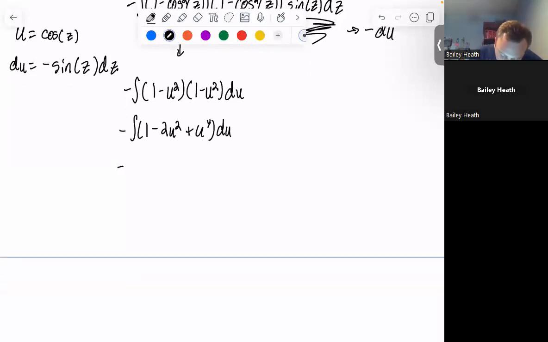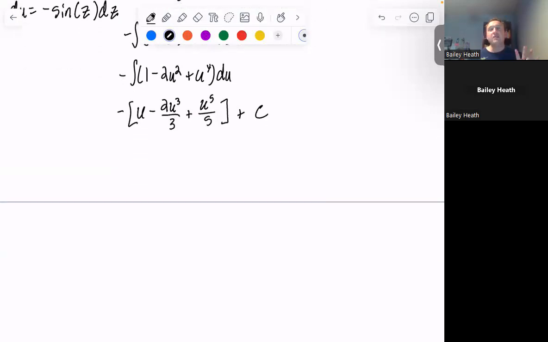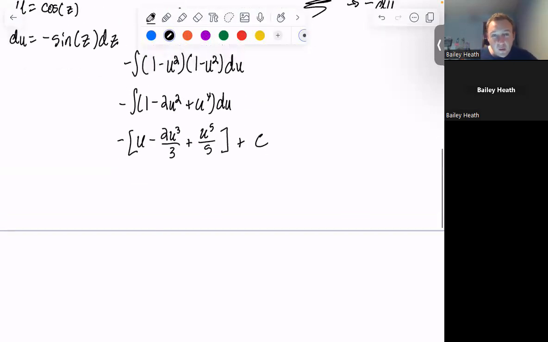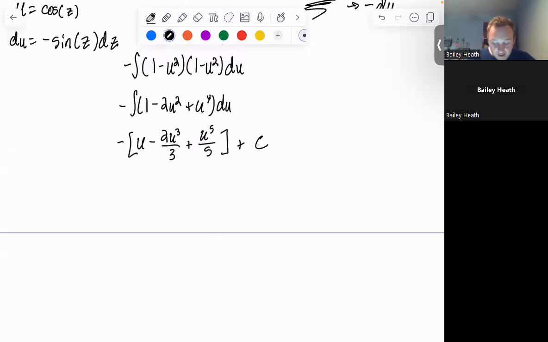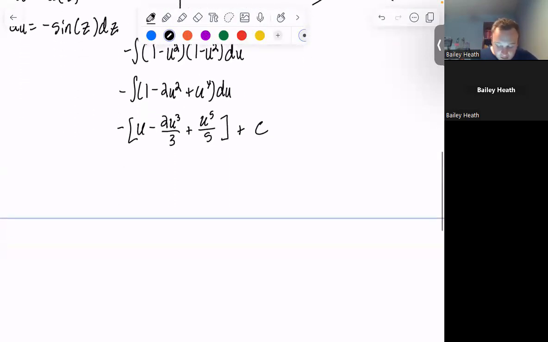So this becomes negative. Okay, now when I antidifferentiate, the antiderivative of 1 is just u. Antiderivative of 2u squared: I'm going to raise the exponent by 1 to give me u cubed and divide by that 3, that new exponent. And similarly over here, that's going to be plus u to the 5th over 5. So all of that has a negative sign. I'm going to do two things in one here. I'm going to distribute that negative sign to everything, and I'm also going to undo my substitution.